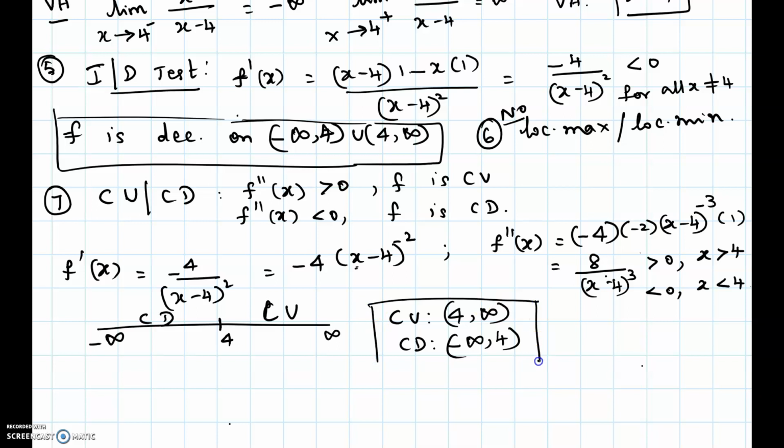Usually we say wherever the graph is changing in concavity, that's where the inflection point is. But in this case, even though the concavity changes at 4, 4 is not part of the domain, so we have to say there is no inflection point.